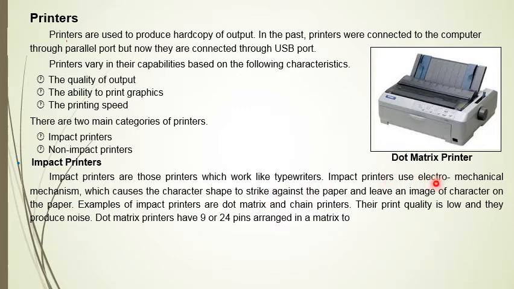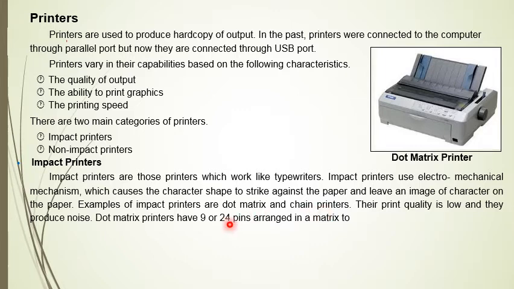They use an electromechanical mechanism which causes the character shape to strike against the paper and leave the image of the character on the paper. Examples of impact printers are which ones? Dot matrix printer and chain printer. So these two printers are known as impact printers. The print quality is low in impact printers, remember that, and their speed is also slow.